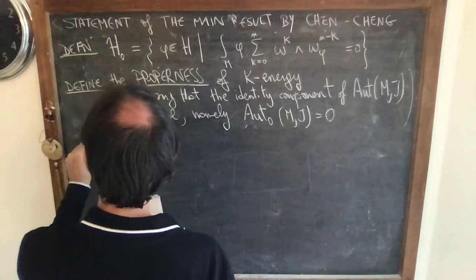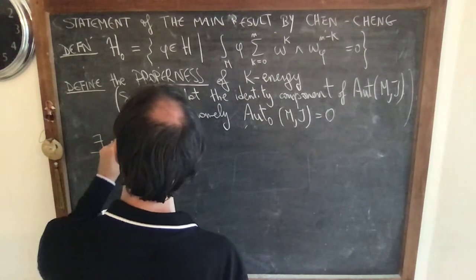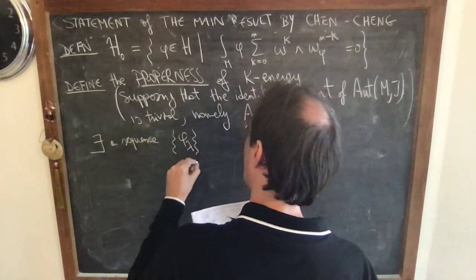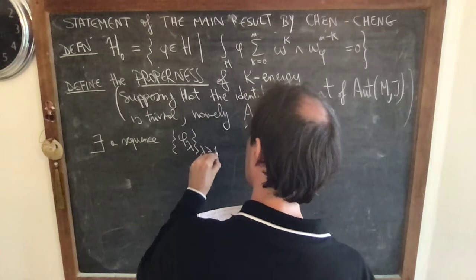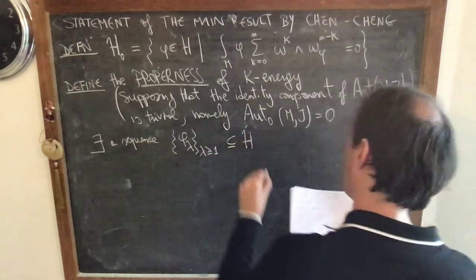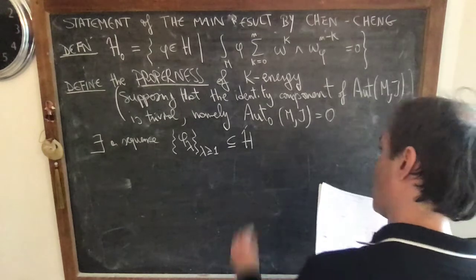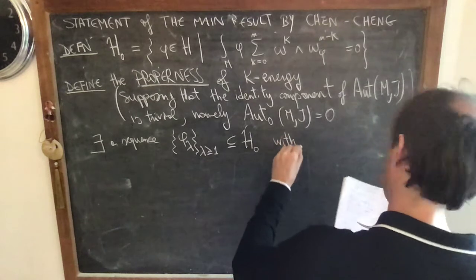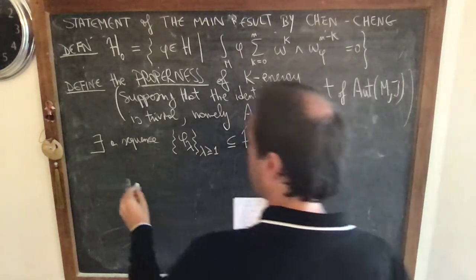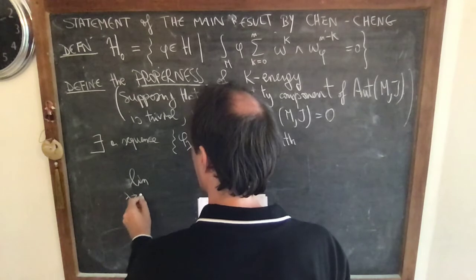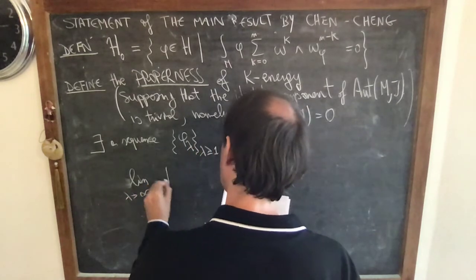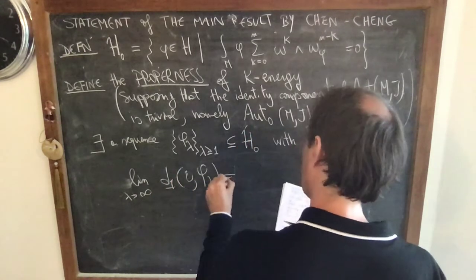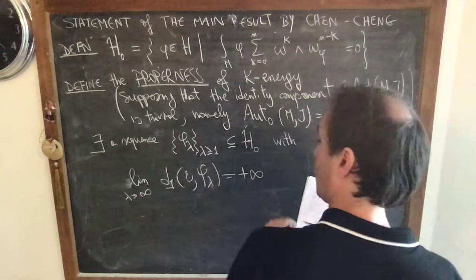as follows: there exists a sequence of Kähler potentials phi lambda, normalized, with the limit for lambda to infinity of d1(0, phi lambda) equal to plus infinity.